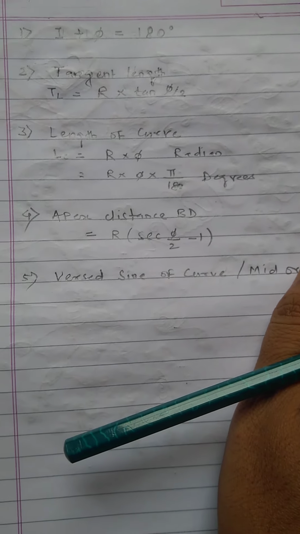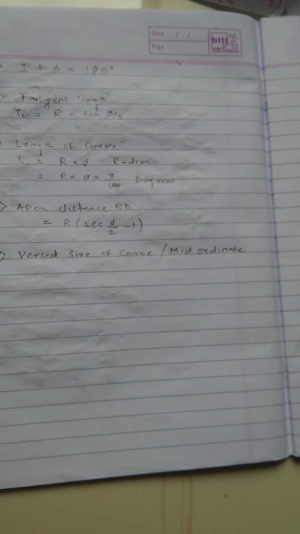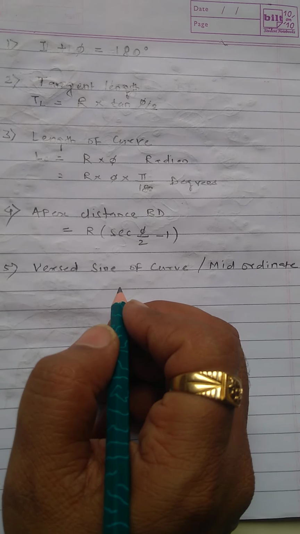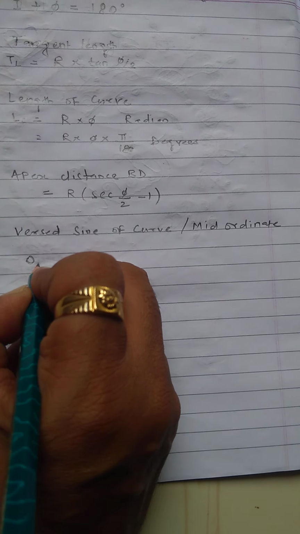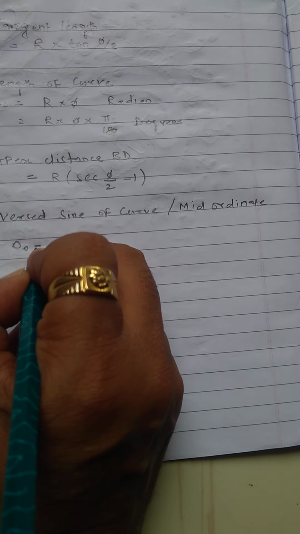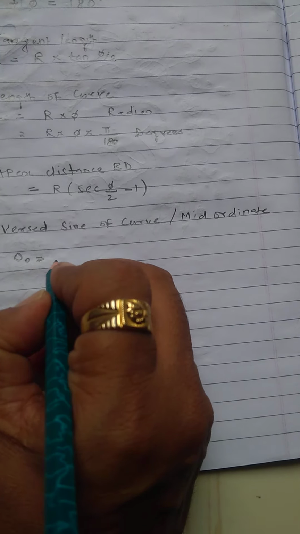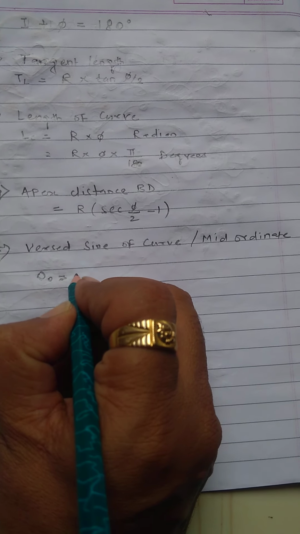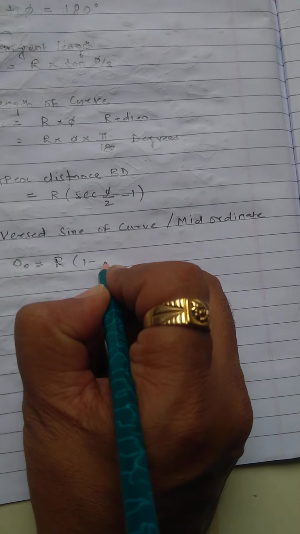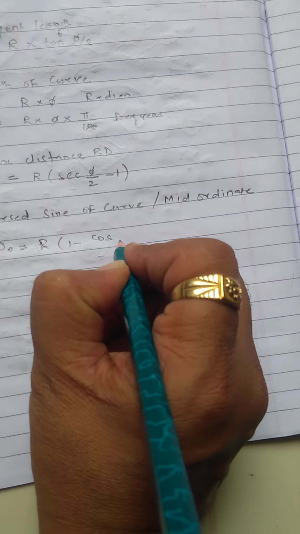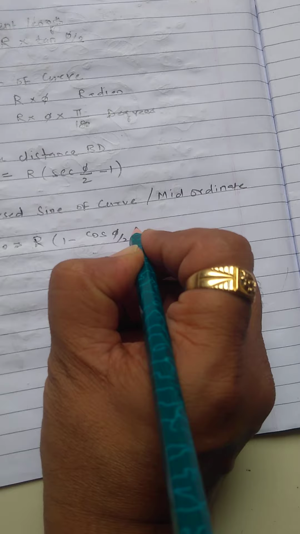Now this mid ordinate or versine of the curve can be found out by two formulae. First is O0, that is mid ordinate. To find this, we can use this relation: R in bracket 1 minus cos of phi by 2.